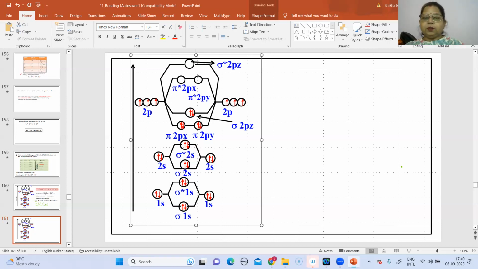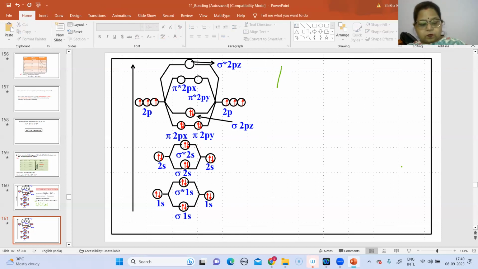First of all, you have to draw a straight line like this. We say this is the increasing order of energy. We have understood that 1s is at the lowest energy level.